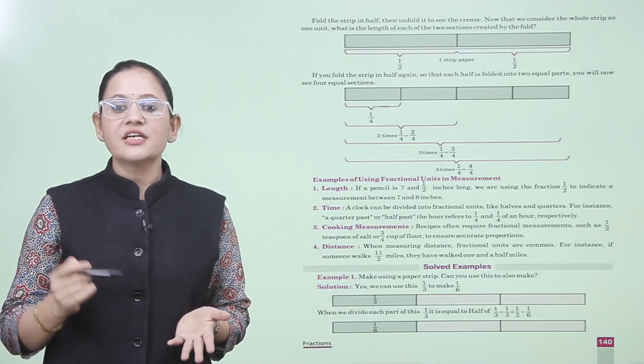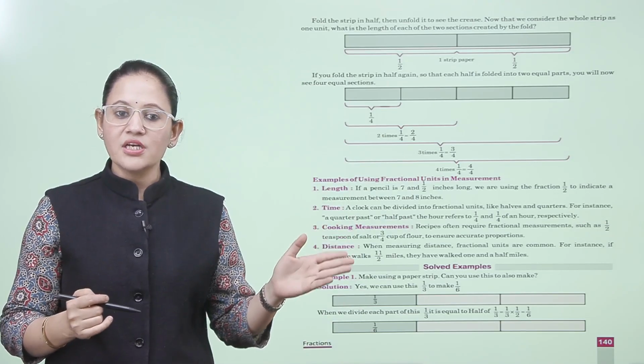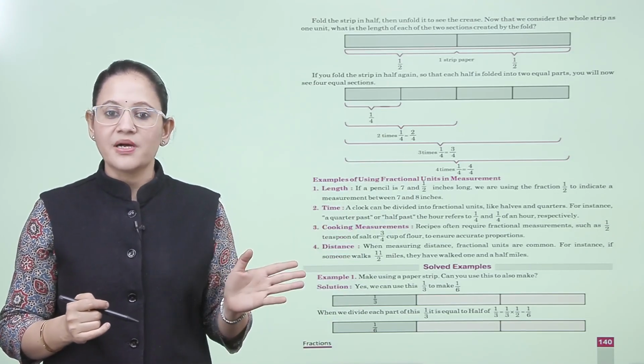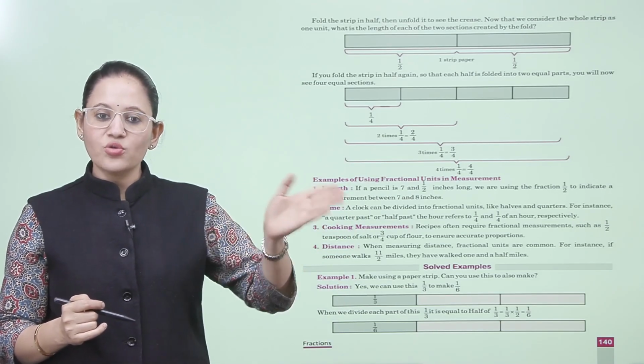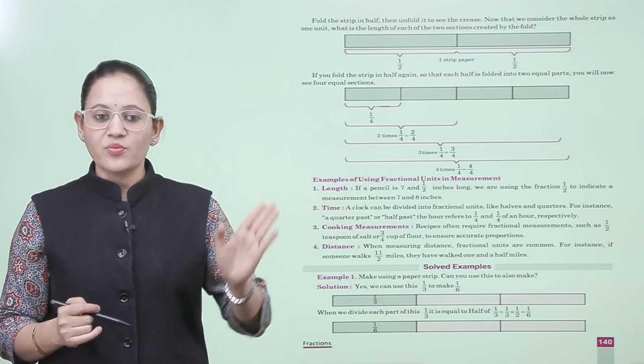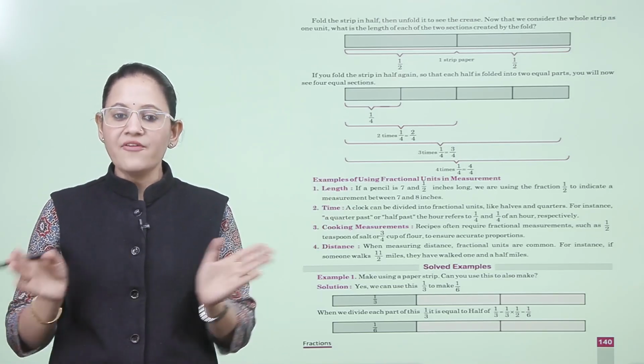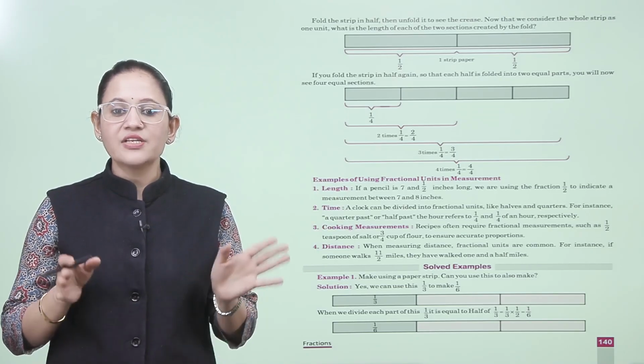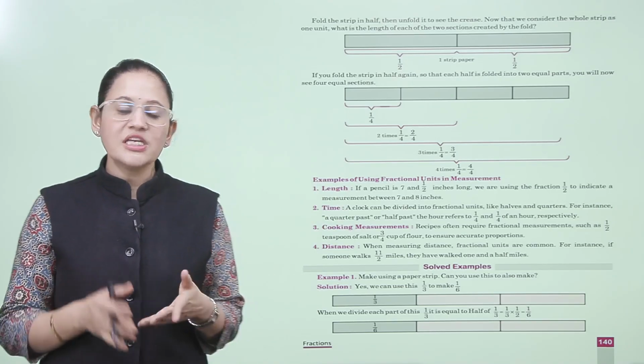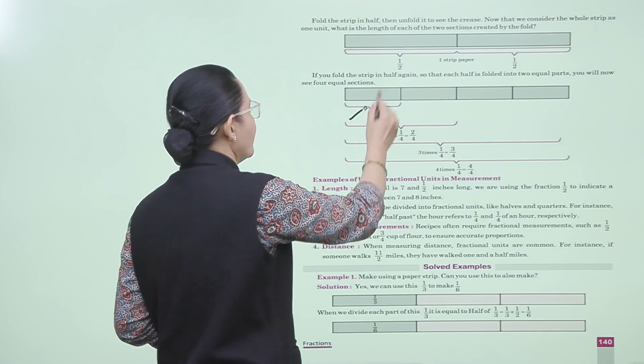Now consider the whole strip as 1 unit. What is the length of each part? If you fold it into 2 equal parts, each represents 1/2. If you fold the strip in half again, each half is folded into 2 equal parts, so each represents 1/4.